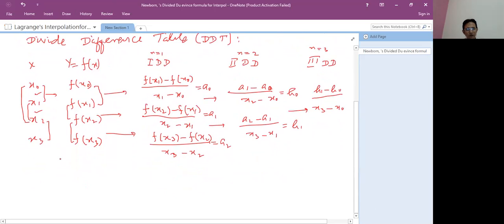So after making the difference table, student, we apply this formula. Now we write Newton's divided difference formula for interpolation.